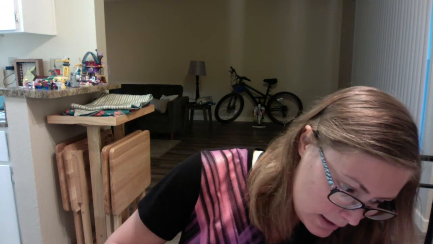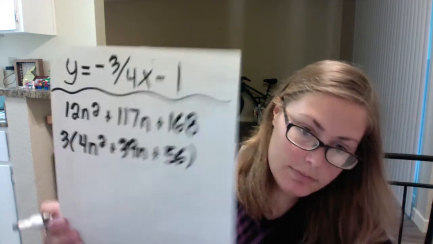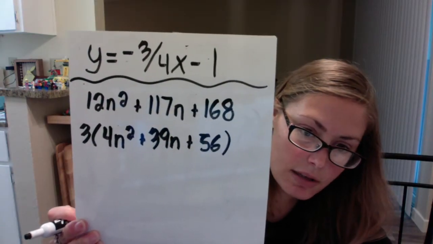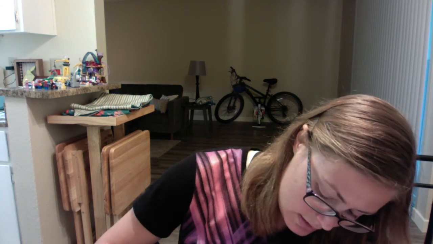We get 3 times the quantity of 4n squared plus 39n plus 56. Then we're going to factor that, and we get 3 times the quantity of 4n plus 7 times the quantity of n plus 8.